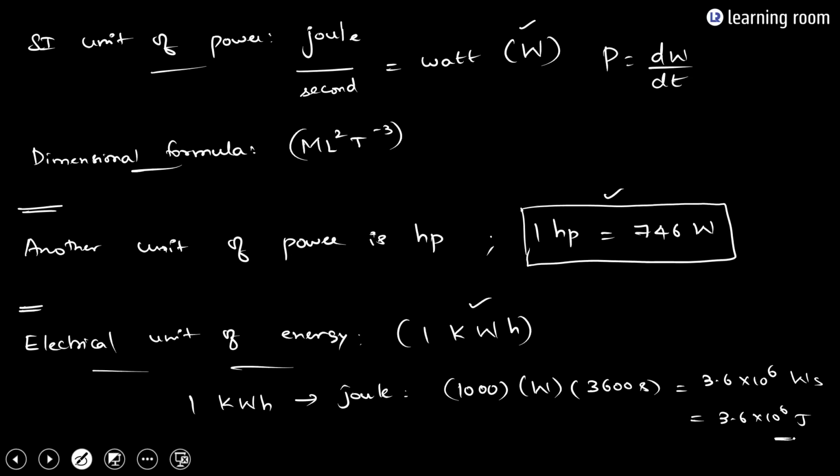So in the commercial unit of energy also, we have this 1 kilowatt hour. Are you able to understand? But here, as I mentioned, you need to understand that kilowatt hour is the unit of energy. I repeat it, it is not the unit of power.